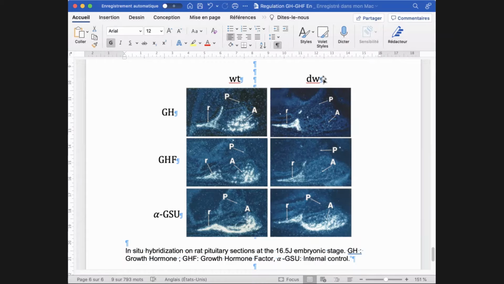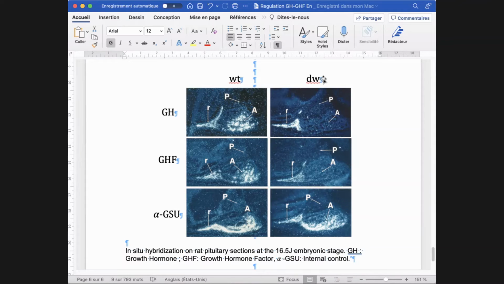There is no growth hormone because the growth hormone factor, the GHF, isn't functional, isn't transcribed. It is not transcribed, exactly. We cannot say if it's not functional. But the GHF, like you said, is not transcribed. So these rats are dwarfed not because of a problem in the GH gene, but because of a genetic problem in the GHF gene.